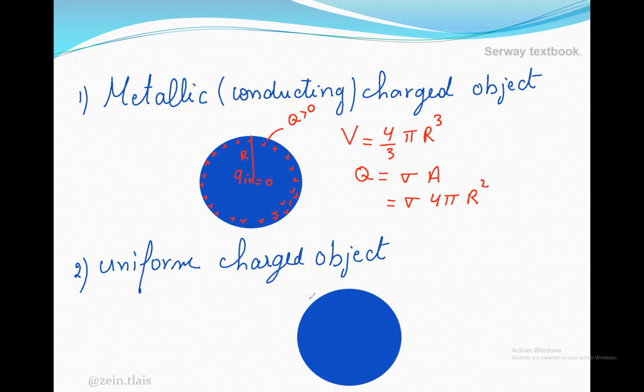In this case, the charges will be distributed at any point in the object. We can have the total Q positively charged, and we have at any point a positive charge, like this.